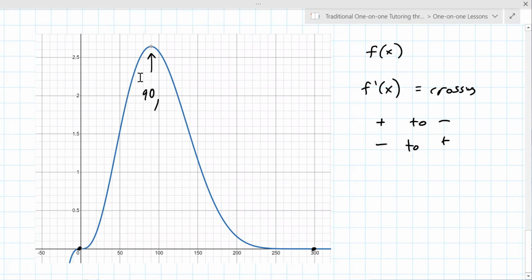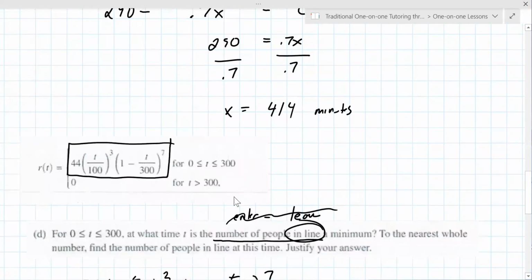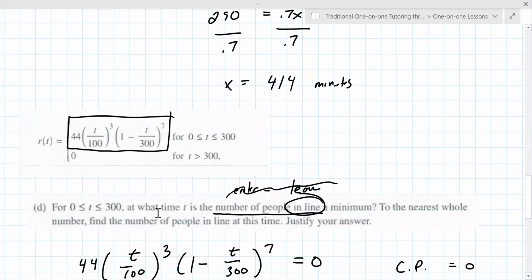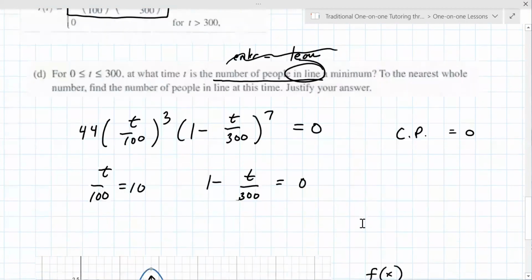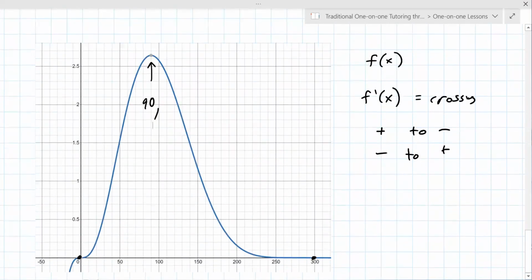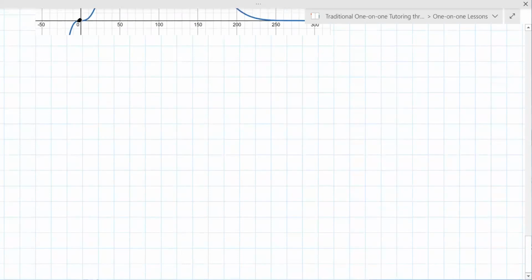I couldn't tell you for sure how to actually answer this question, because if this were the original function, then you would take a derivative, but it is the derivative, so you don't have to take a derivative. And I guess you just check the endpoints in this case. So you would integrate from 0 to 0 of r of t dt and add the 20 to it.